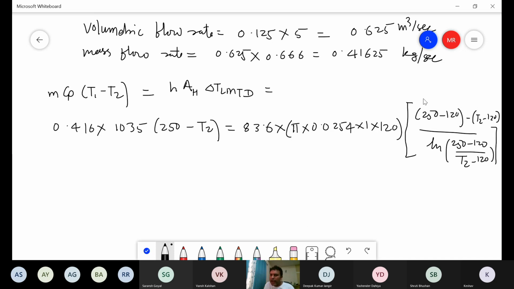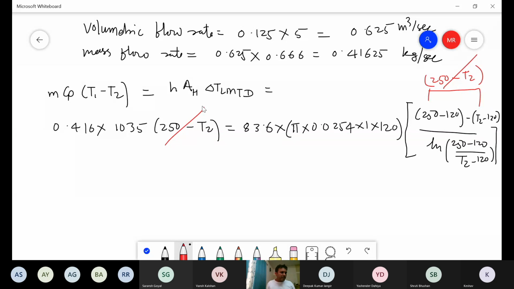Now, if I look at this particular thing, this 120 will get cancelled out. So this is nothing but 250 minus T2. And this gets cancelled out with this.